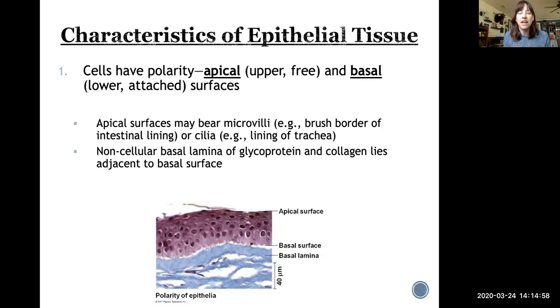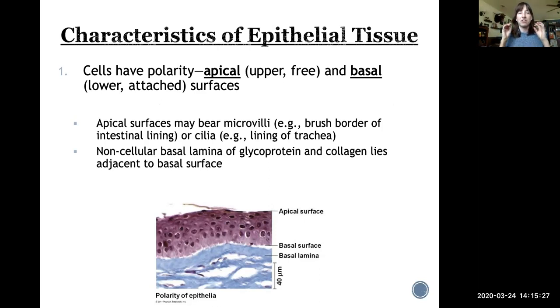All of the cells, they have this polarity. So polarity as in they have two different sides. So the top side of all epithelial tissues is called the apical side. It is the upper or free side. At the bottom, underneath the cells, of epithelial tissue, is the basal surface, okay? So it is the base that the cells are attached to, okay?